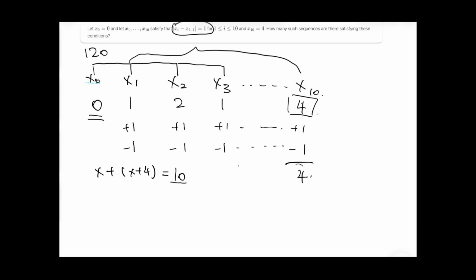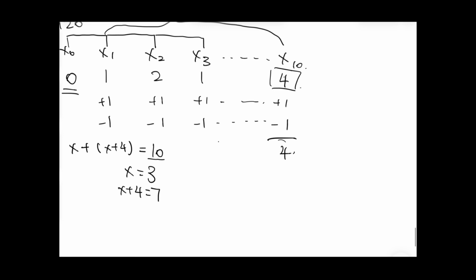Solving this simple single variable equation gives us x equals 3. So x plus 4 will be 7. What this means is we have to have 7 plus 1s and exactly 3 minus 1s.